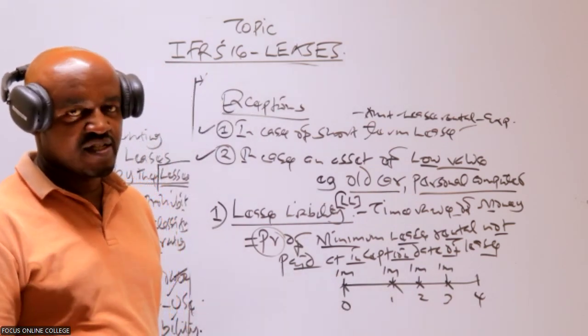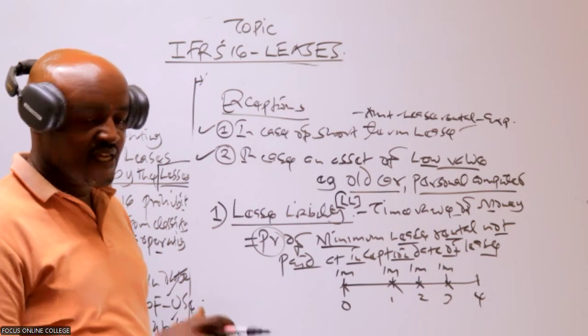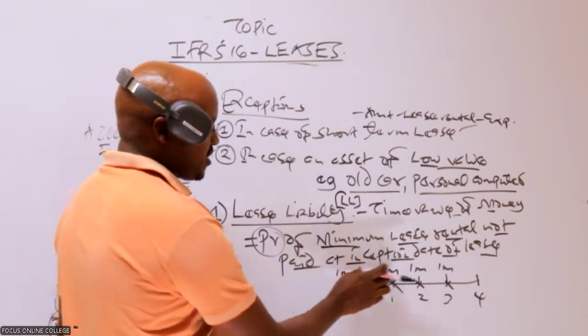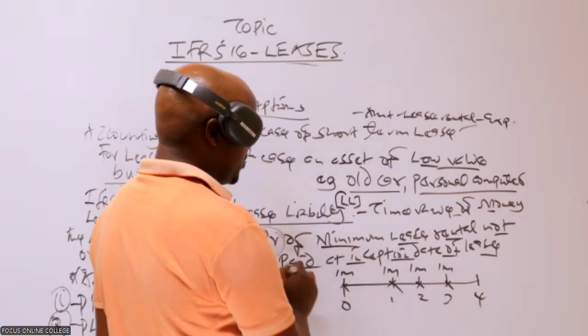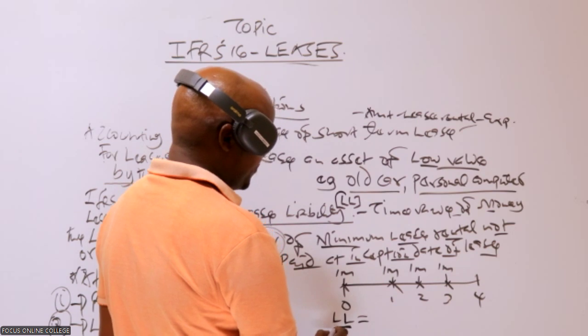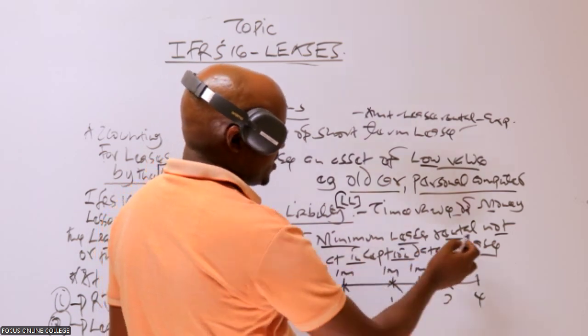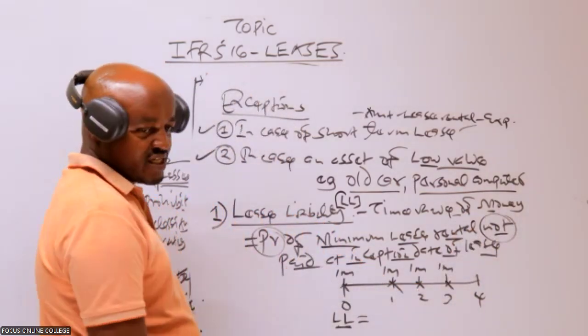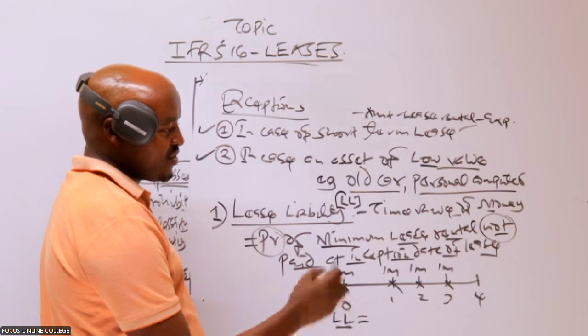So if you have leased an asset, you have agreed with the owner of the asset that you'll be paying 1 million at the start of each year. So this amount you are paying are the minimum lease rentals. The lease liability is equal to the present value of the minimum lease rentals not paid at the inception date. The inception date is the date when the lease commenced.